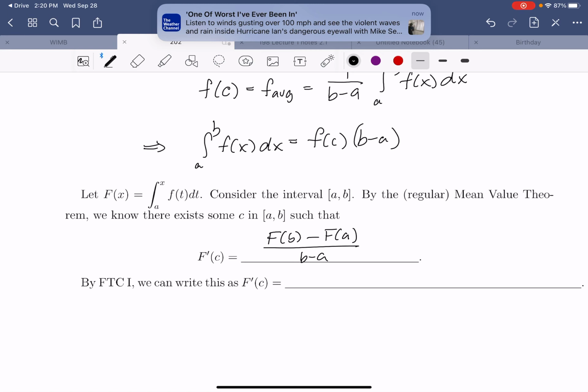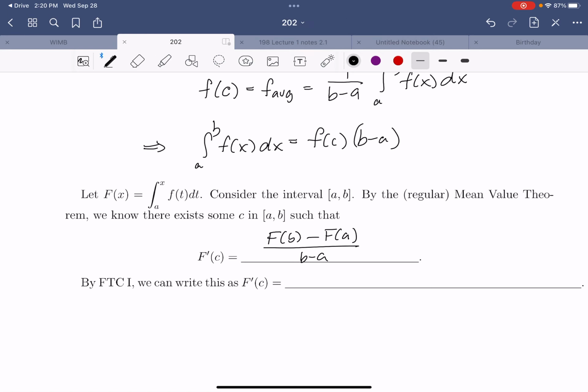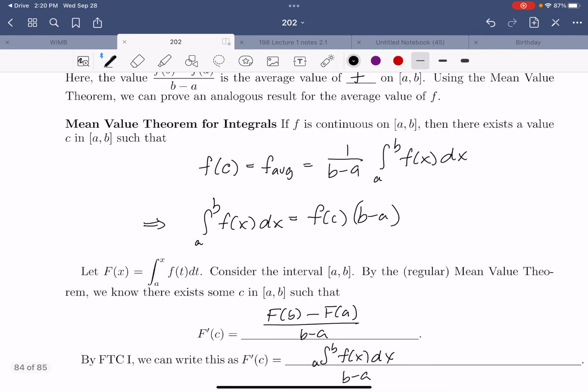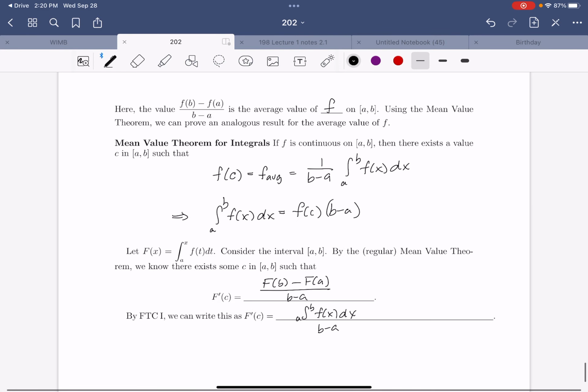And by the fundamental theorem of calculus, F of b minus F of a is the integral from a to b of little f of x dx, over b minus a. That's exactly what we get as the mean value theorem for integrals. Now, we're not going to do a whole lot with this, but I did want you to see that this is a consequence of the average value. So those are related.